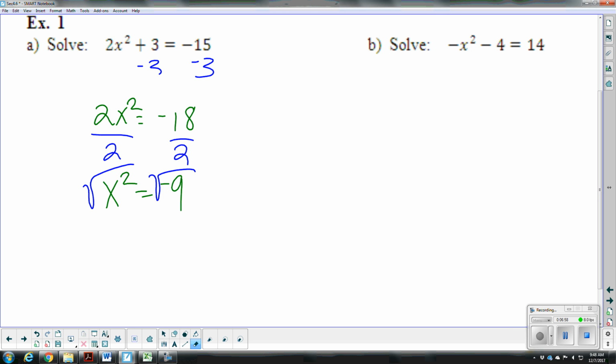If you look at that last property, the square root of x squared is x, equals i times the square root of 9. So x equals positive or negative 3i, because the square root of 9 is either positive or negative 3, and we're multiplying that by i.